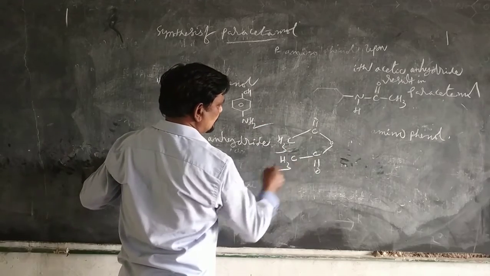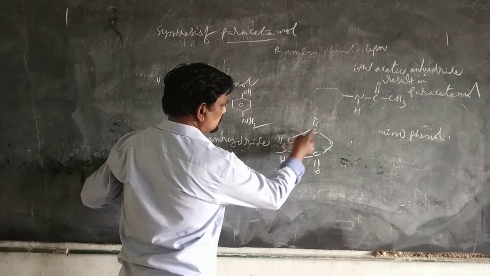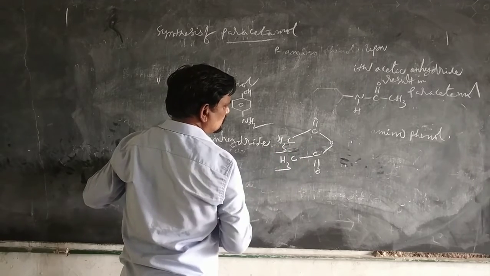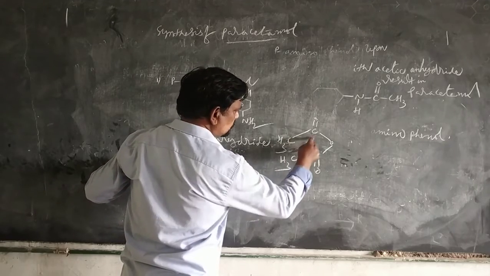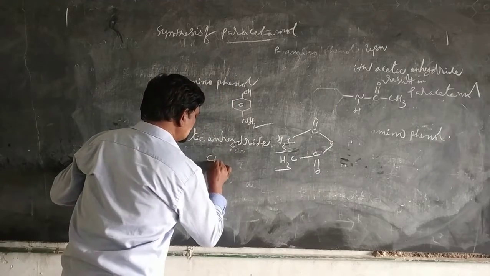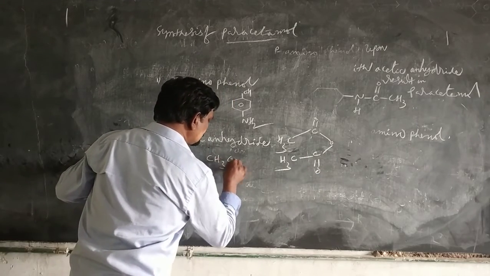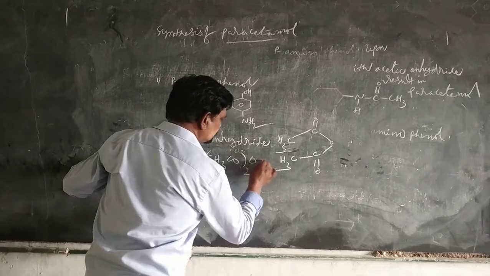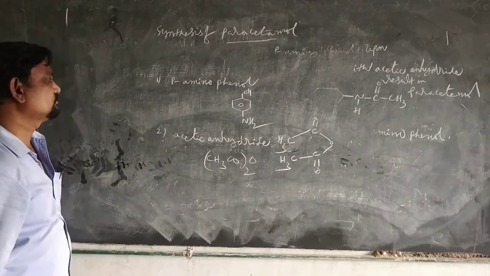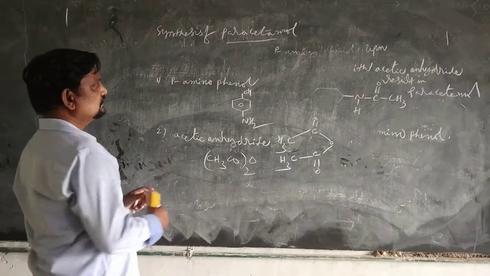Acetic anhydride is also known as ethanoic anhydride. Ethanoic anhydride is CH3CO twice O.